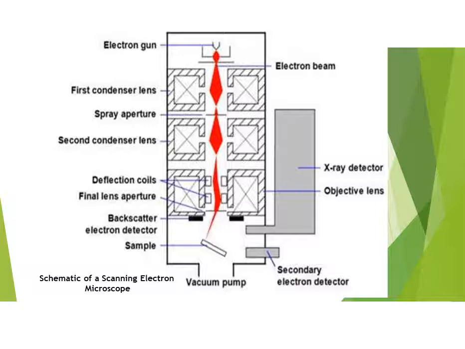The electron beam strikes the sample. After striking the sample, the electron beam is moved toward detector, and after the detection it gives us the image that is scanned surface of the specimen.